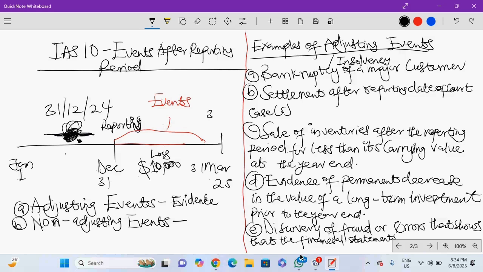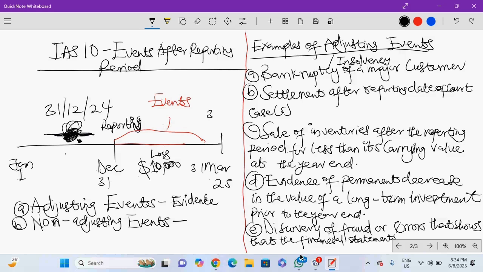So something like a fire outbreak, a misfortune, a natural disaster. Those things are non-adjusting events because during the accounting period, nothing showed. There is no evidence that there will be a fire outbreak, that there will be an earthquake.